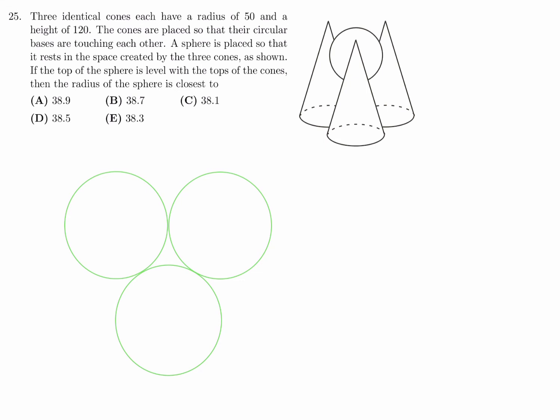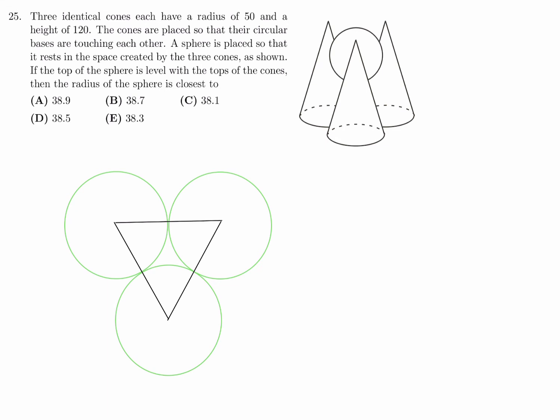This diagram illustrates the cones if you're looking at this from the perspective of just their bases, the circular part of the cone. And you'll notice, of course, that they touch each other. And what I'm going to draw is the centers of these circles, and then I'm going to connect them like that.